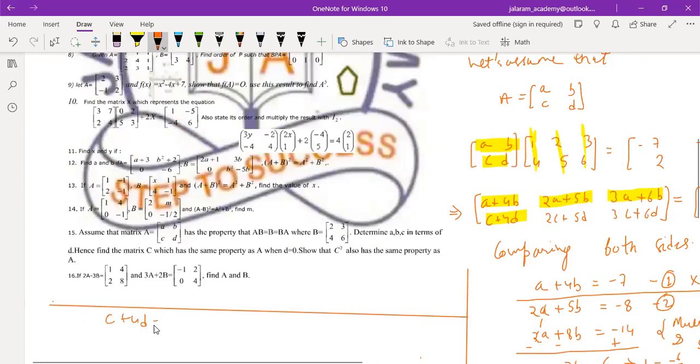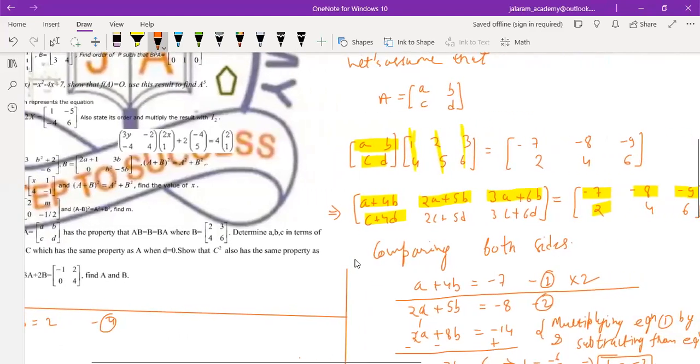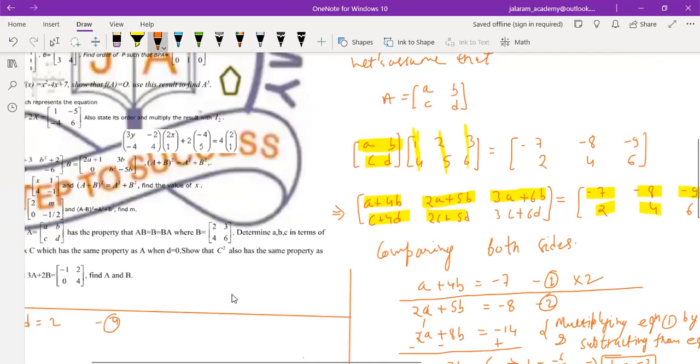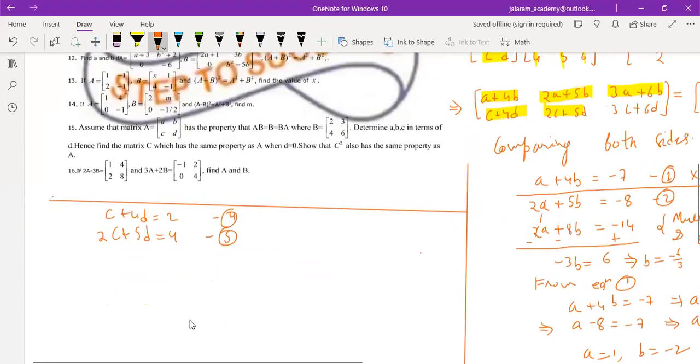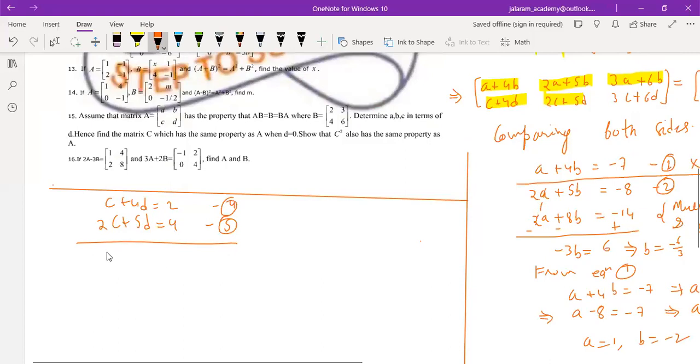This is equation number 4. 2c plus 5d equals 4, equation number 5. So again the same procedure: the first equation will be multiplied by 2 and then subtracted from equation number 5.